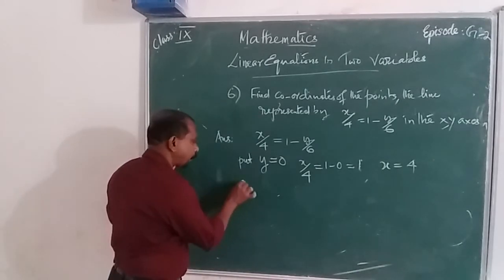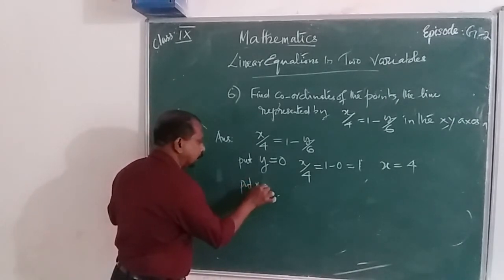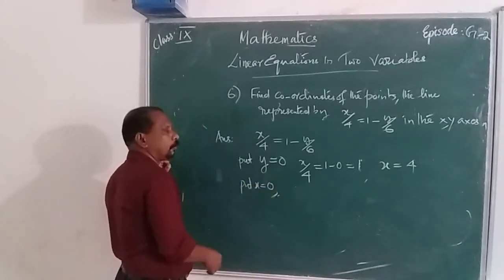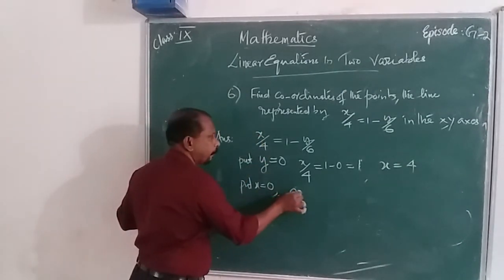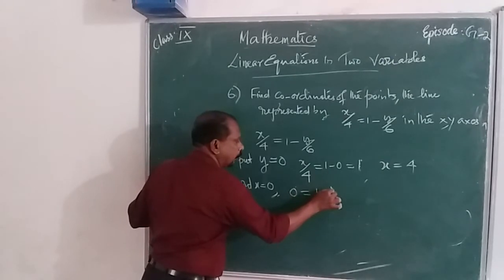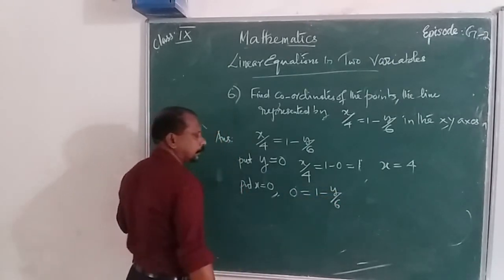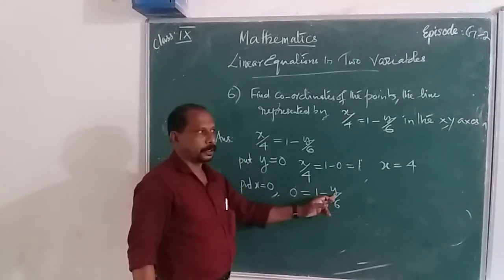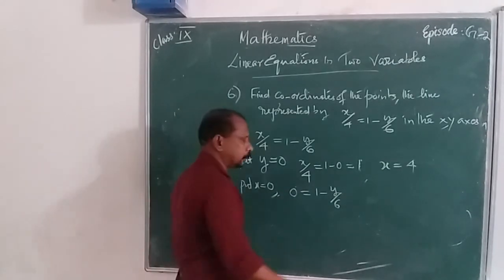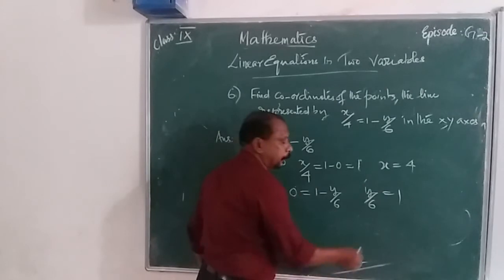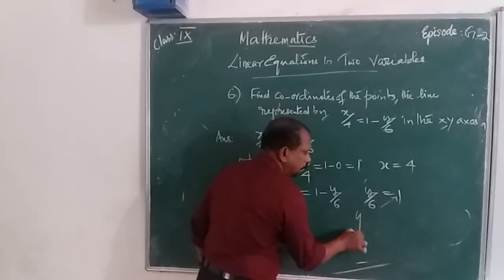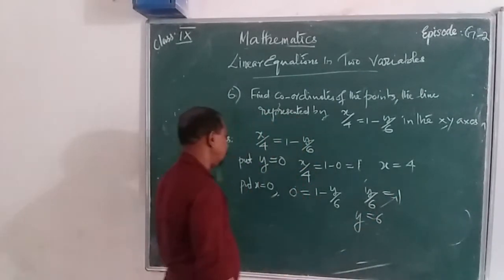Similarly, put x is equal to 0. Therefore, x by 4 is 0, which is equal to 1 minus y by 6. Shift minus y by 6 to the left, we get plus. Therefore, y by 6 is equal to 1. Cross multiplication, y is equal to 6.